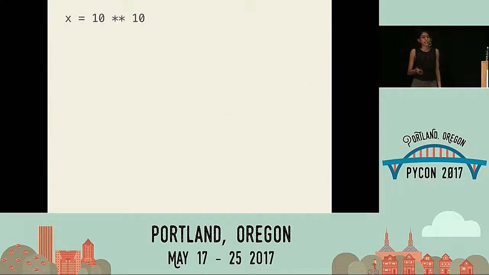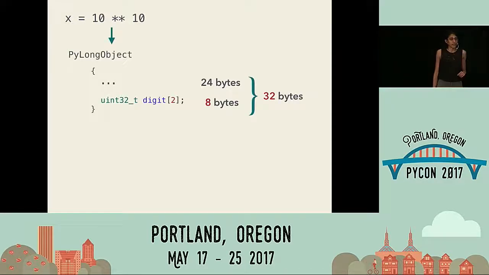What about a bigger int? What about x is equal to 10 to the power 10, which is the value I started with in my experiment, in my loop iteration? Well, it turns out those digits that we talked about are basically unsigned integers. C unsigned integers, so that's 4 bytes of 32 bits. But for some good but complicated reason, only 30 of those bits are used to store a value.